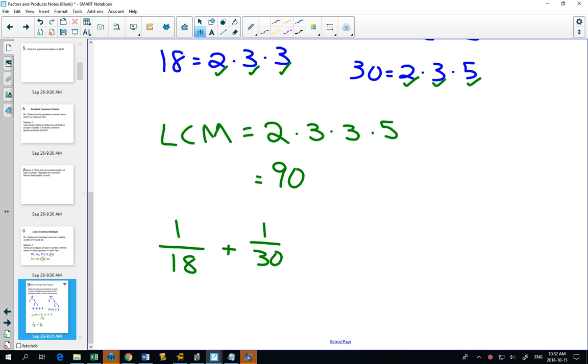You could multiply them. Like I could multiply this by 30 and 30 and this one by 18 and 18, and I would get a common multiple. But if I find the least common multiple, this one needs to be multiplied by 3 and 3, and this one by 5 and 5, I'm working with smaller numbers. And chances are my fractions will be reduced easier.